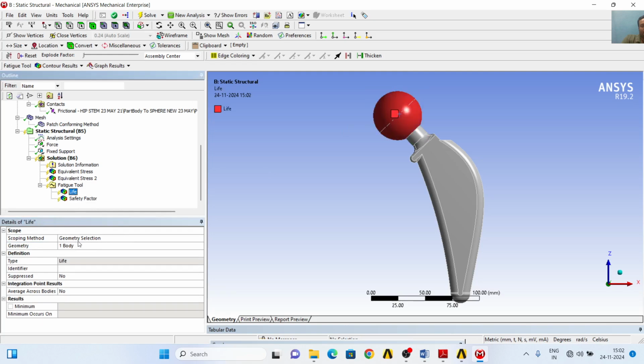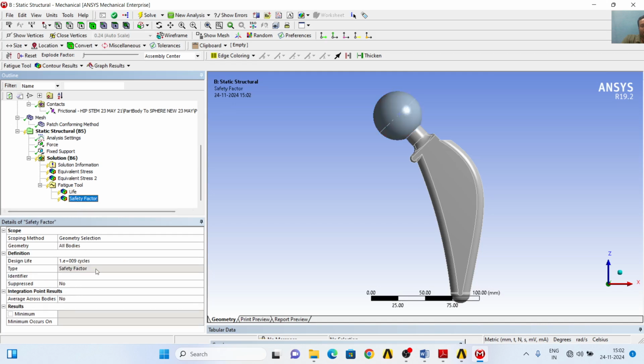Okay, for life I will change the design life to 1e+007, that is 10 to the power 7 cycles, and I will investigate the life for 10 to the power 7 cycles.